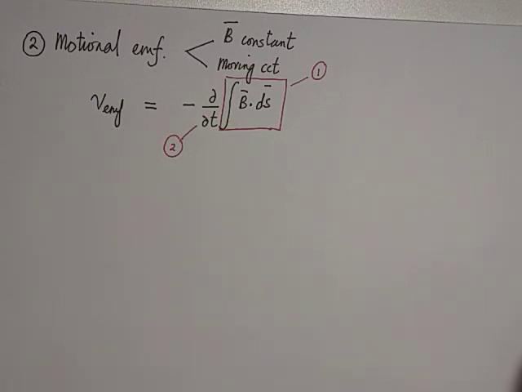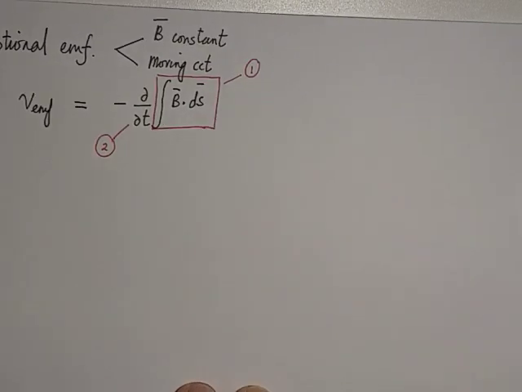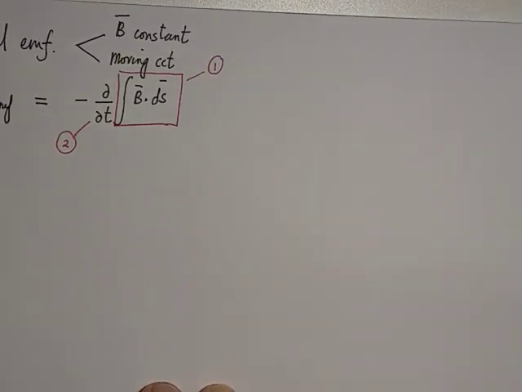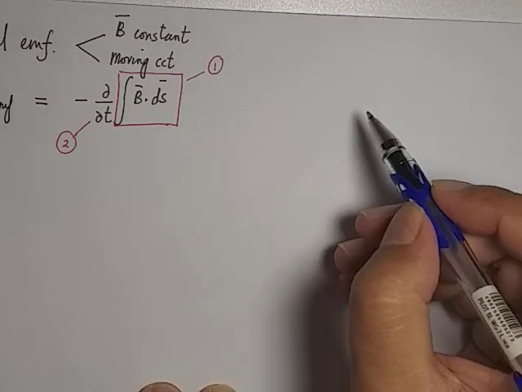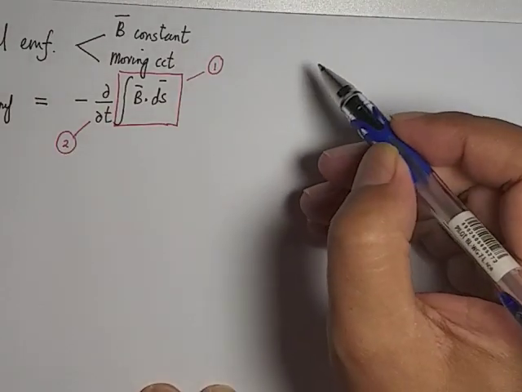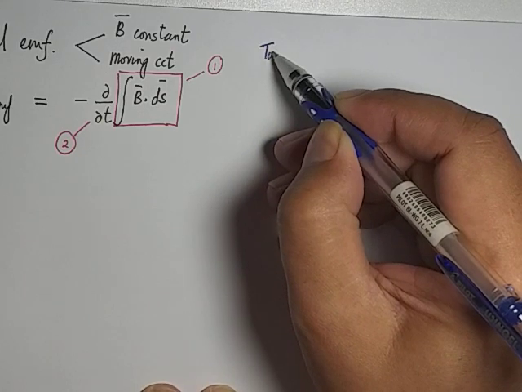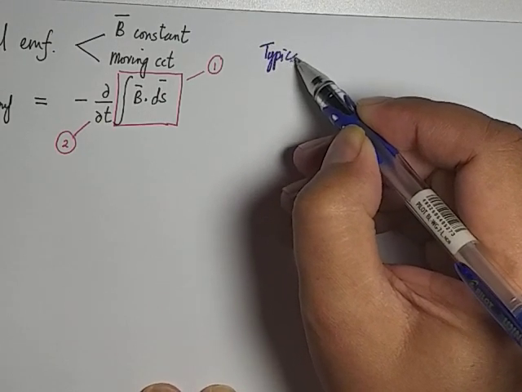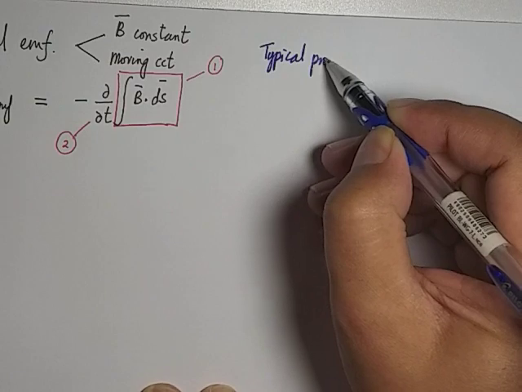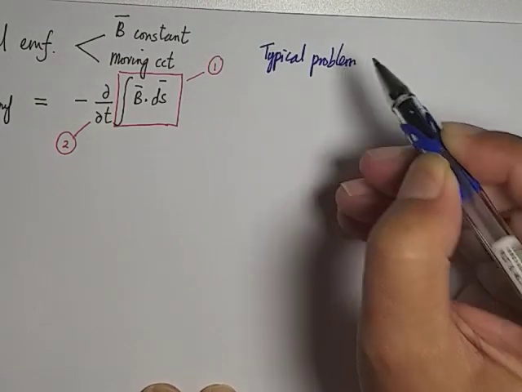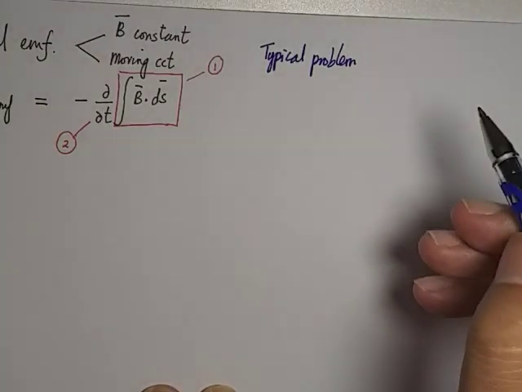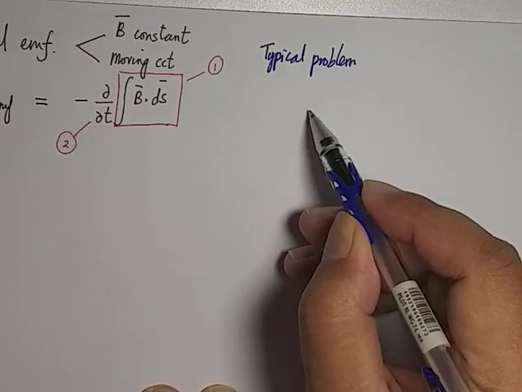But yet, let's say the problem given to you is as such. Let's say in your problem you are given this type of condition. So you have a conductor. Let's draw it. Let's say this is a typical problem of motional EMF, where you have a conductor.